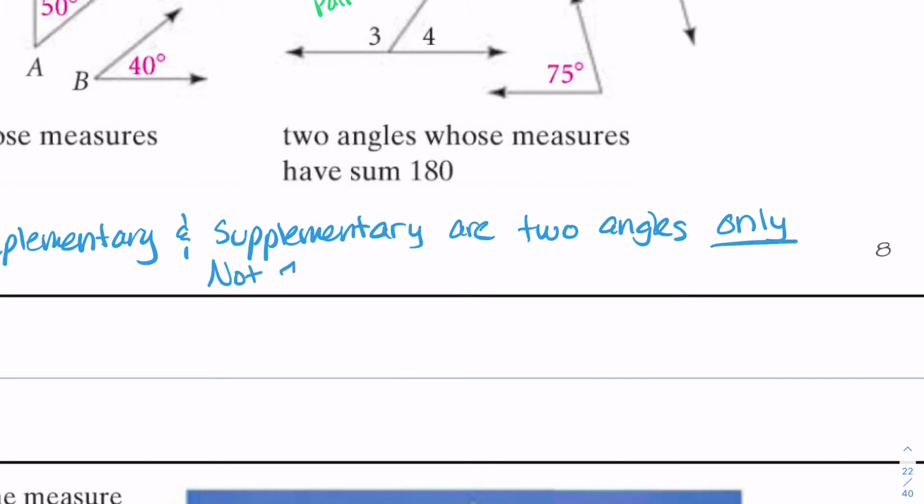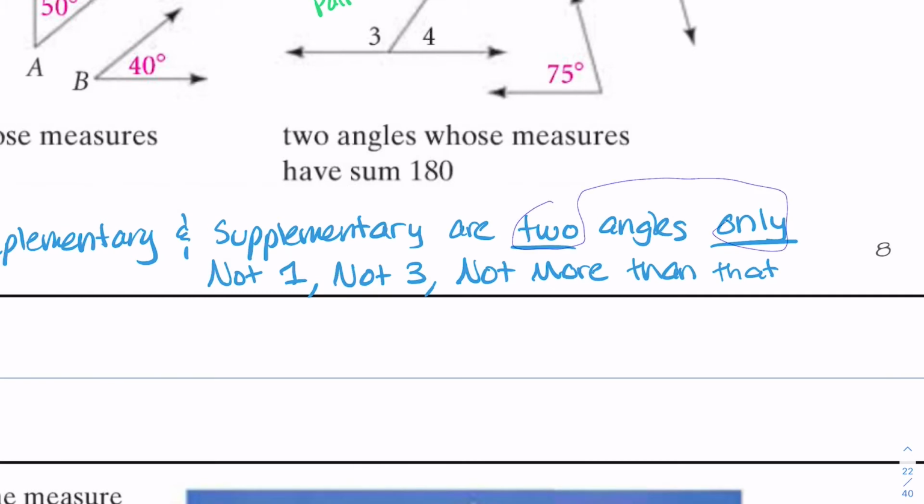Not one, not three, not more than that. A lot of times students look at three angles that add up to 180 and they go, oh, that's supplementary. No, no, no, it's only two, only two. I don't know what to do here. Maybe highlight it in a special color. Whoops, my bad.